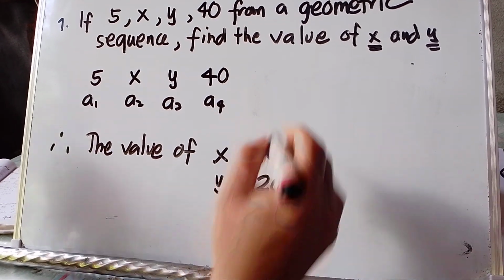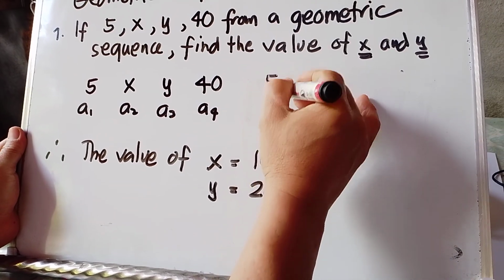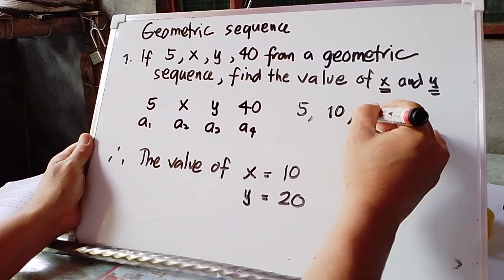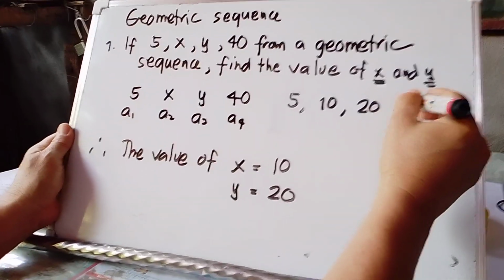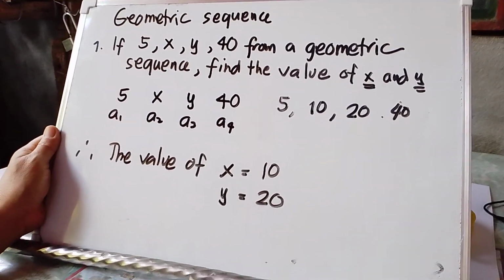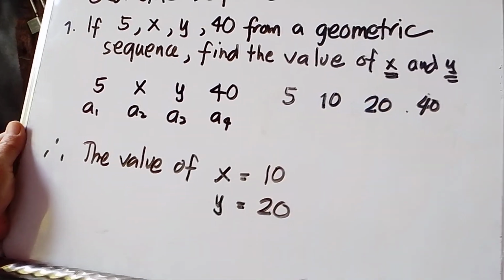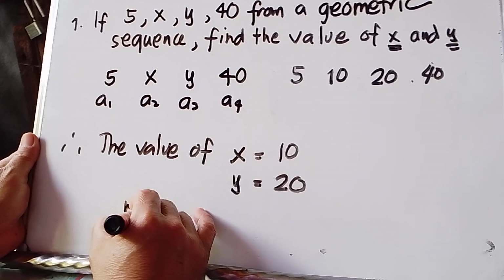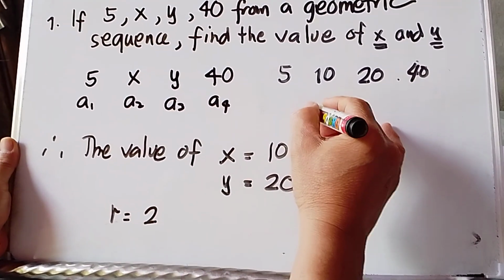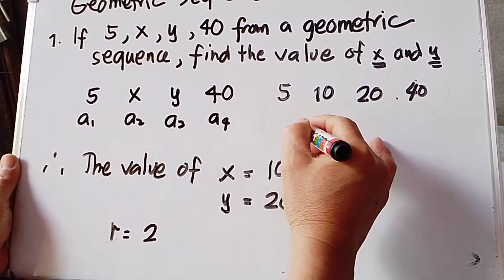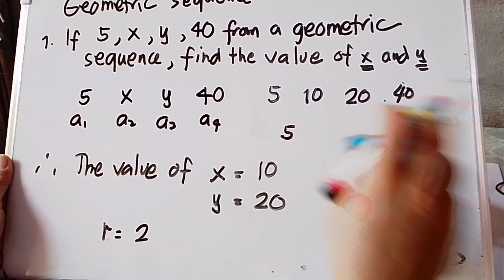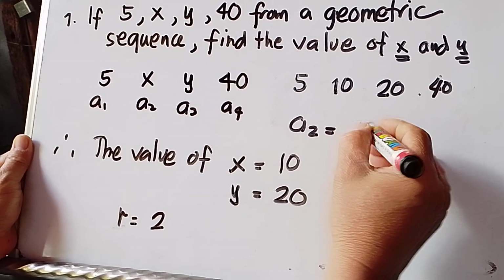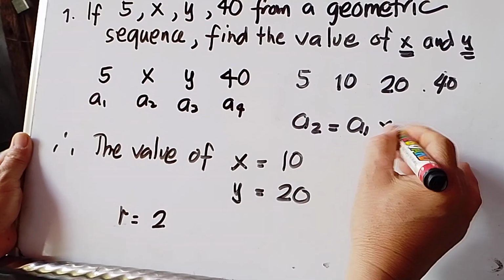Now, let us check if this is correct. So I need to put the answer here: 5, 10, 20, and then 40. Since we know that my r is equal to 2, let us check. Starting from a2. a2 is equal to a1 times r.